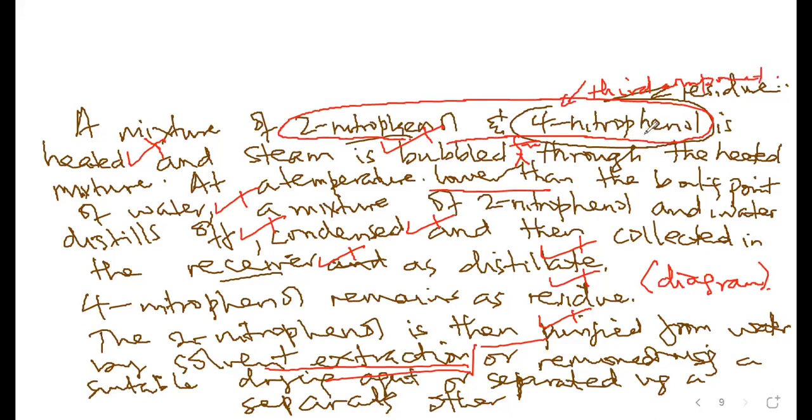I'm not getting you, sir. Water comes in that mixture to be purified as a third component. Do you remember the definition of steam distillation? I remember, sir, because you talked about the steam. To me, now I'm understanding it as I get the 2-nitrophenol and the 4-nitrophenol into a certain thing, then I use steam to heat it. Okay, listen to me.